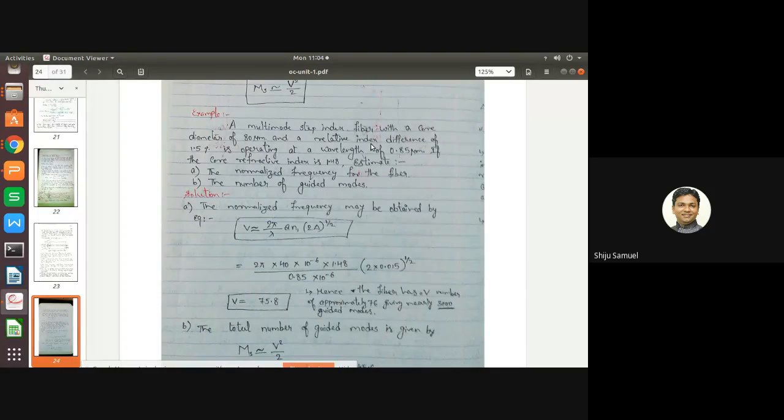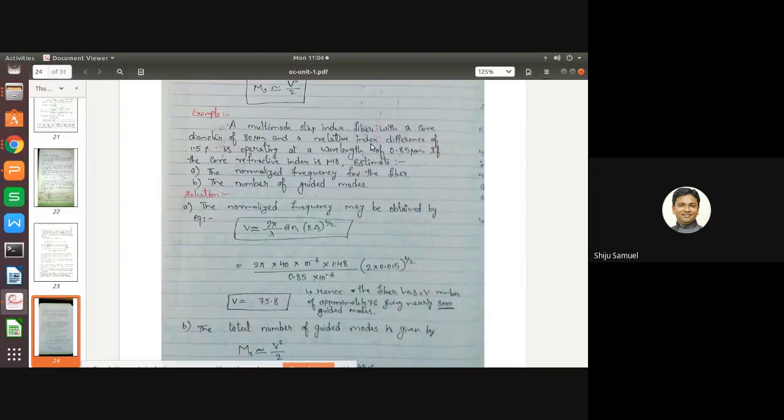Now what is V? V is the normalized frequency. And lambda is the operating wavelength, already given as 0.85 micrometer. And what is A? Tell me, Prajwal, what is A?